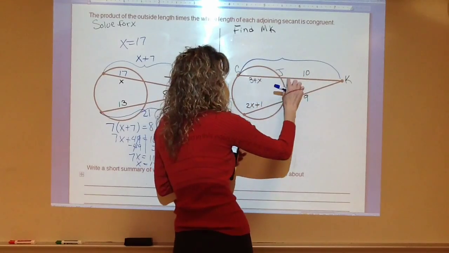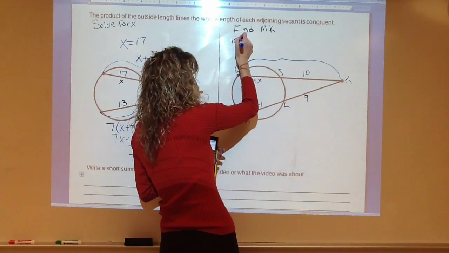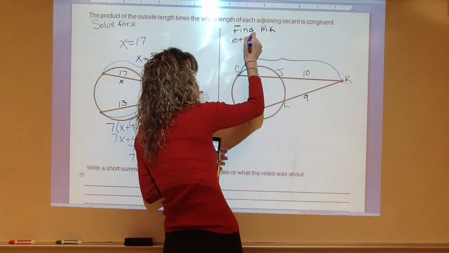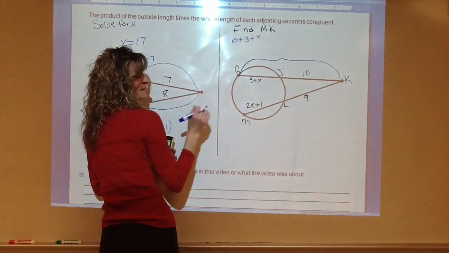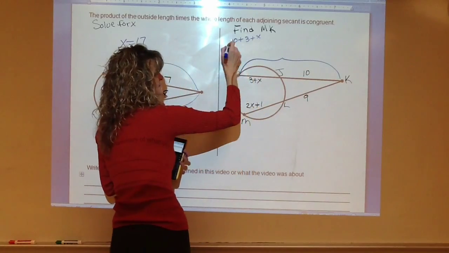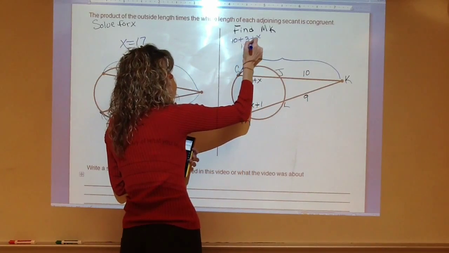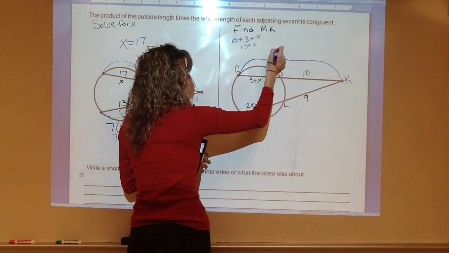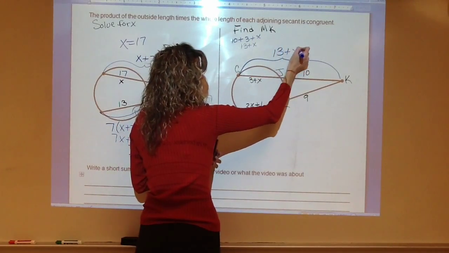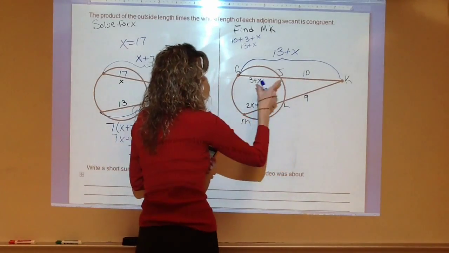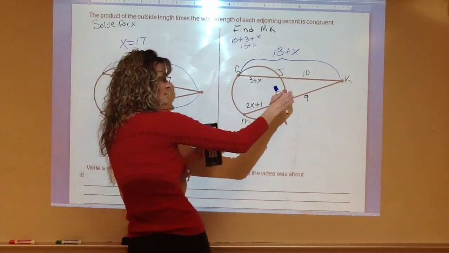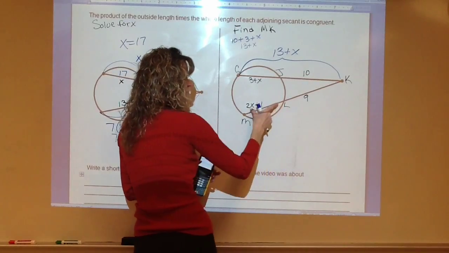So this whole piece is 10 plus 3 plus x. So this piece plus this piece. So it's 13 plus x, because it was this piece plus this piece. I'm going to do the same thing here. This piece plus this piece.